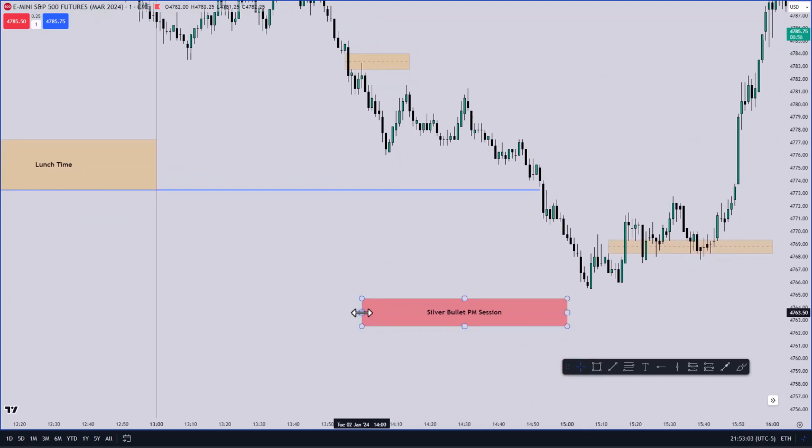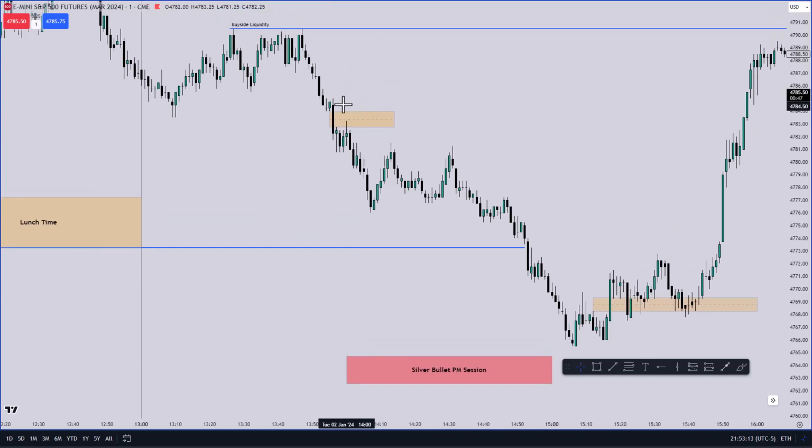So now, silver bullet time, 1400, so we put a line right there. Directly in this candle, which is in the fair value gap, there's displacement lower. It took out the sell side, so displacement lower, retracement into the fair value gap. That could have been a trade exactly at 1400, a nice little trade.